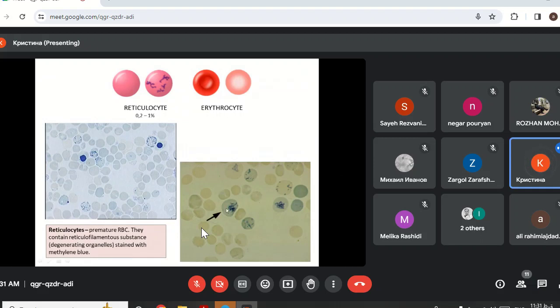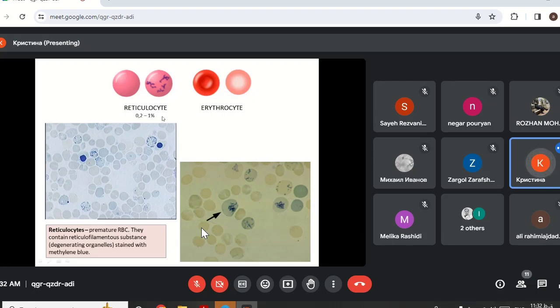This reticulofilamentous substance is actually the not fully dead organelles, and they are present in a premature, not fully mature red blood cell.